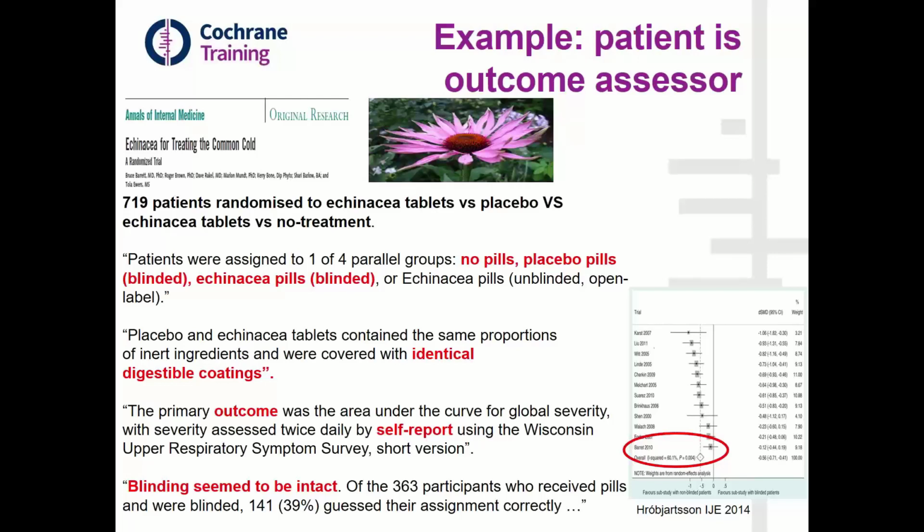The trial was unusual in the sense that there were four groups. There were also patients that received no pills and patients that received echinacea pills unblinded, open label. So that enabled a very nice direct randomized comparison of whether blinding of patients in this situation matters.